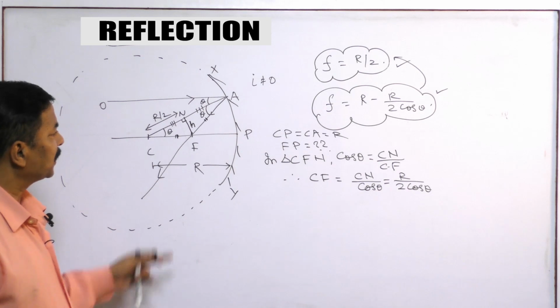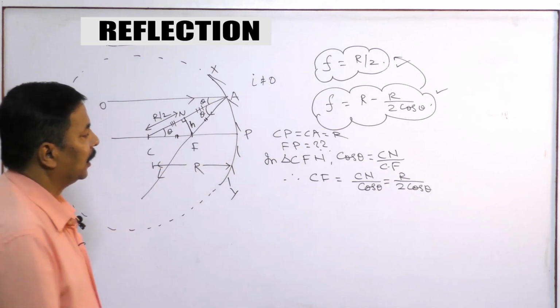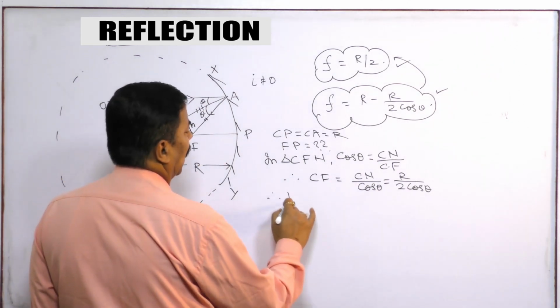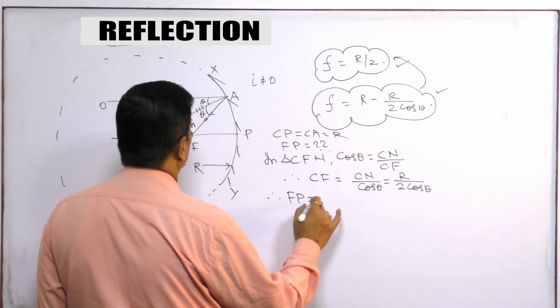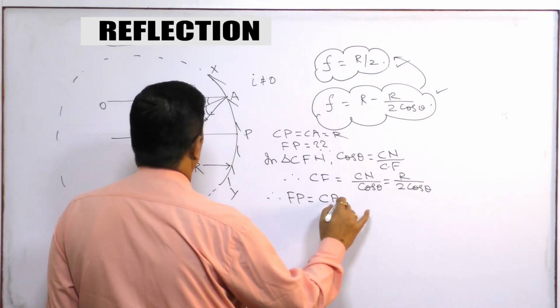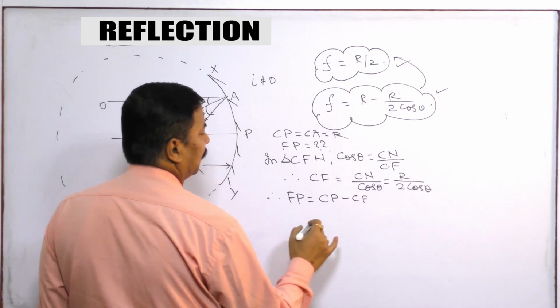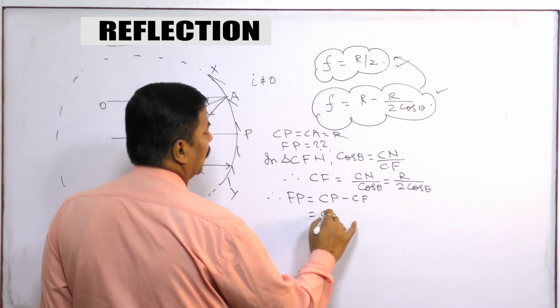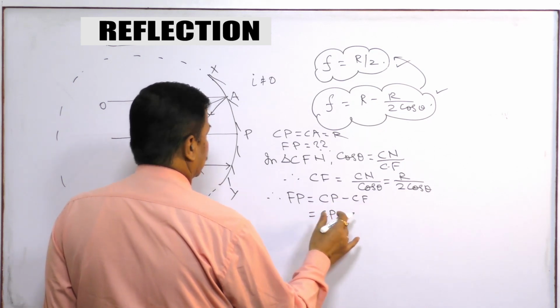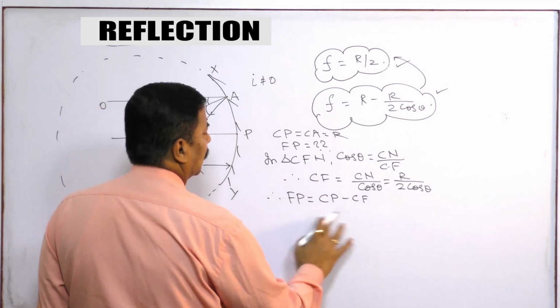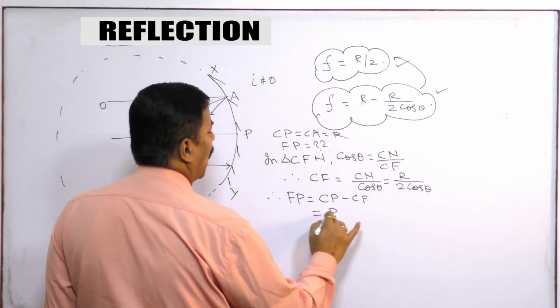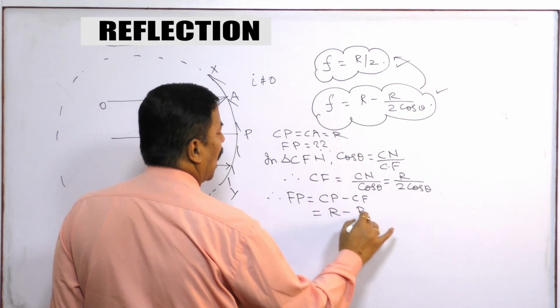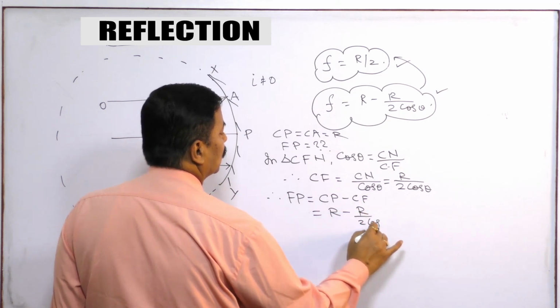My main objective is to find FP. Therefore, FP is equal to CP minus CF. CP is your R, minus CF which is your R by 2 cos theta.